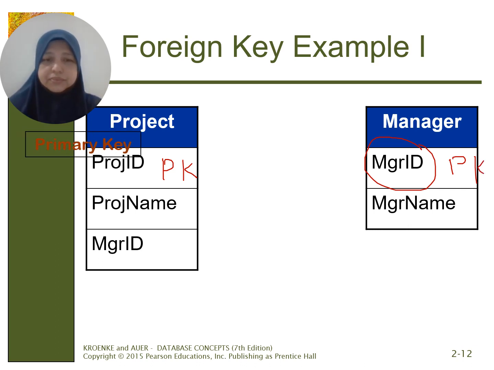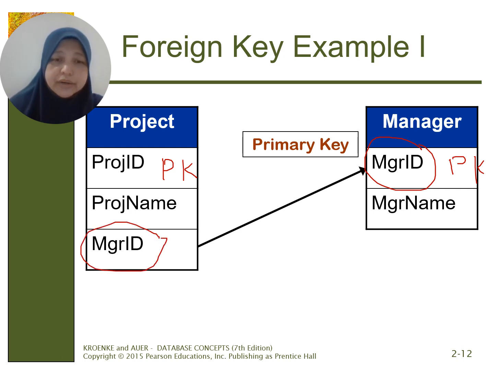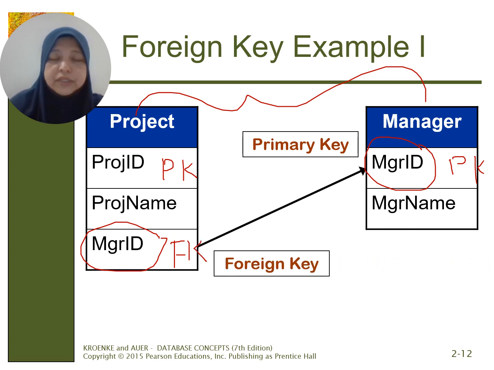Now you can see there is also manager ID, mgr ID, in table project. Manager ID is a primary key in table manager, and it now resides in another table that it has a relationship with. So manager ID in table project is the foreign key for this pair of relationship.